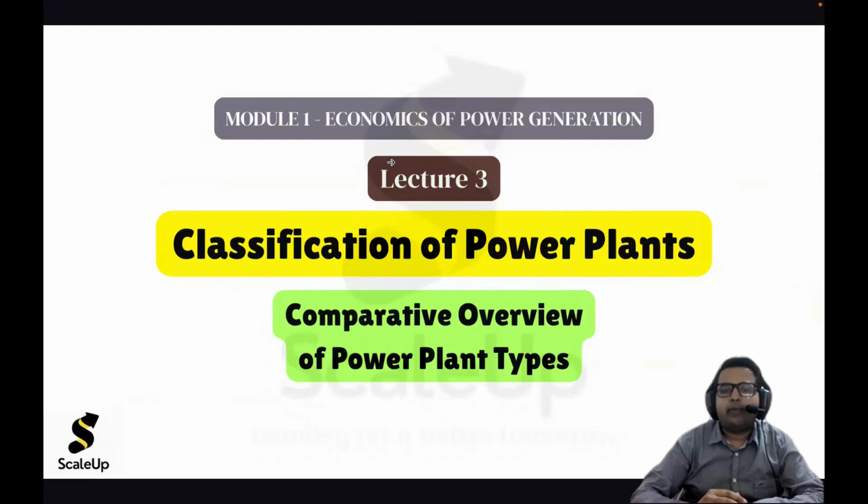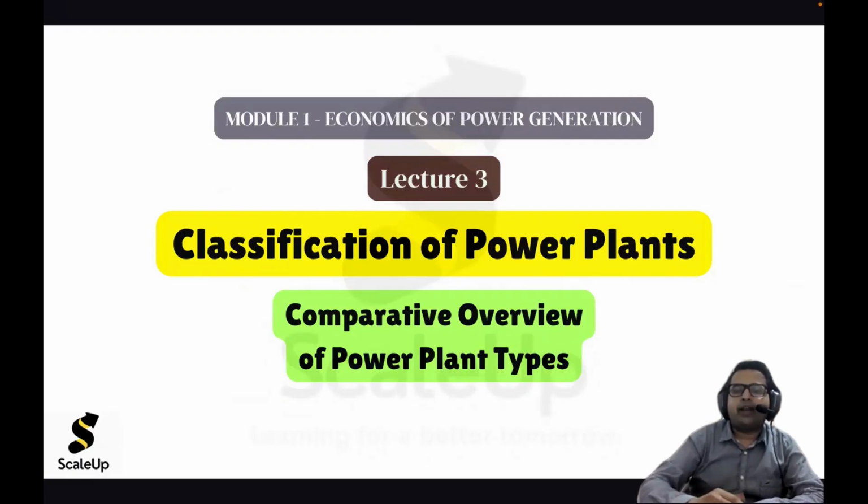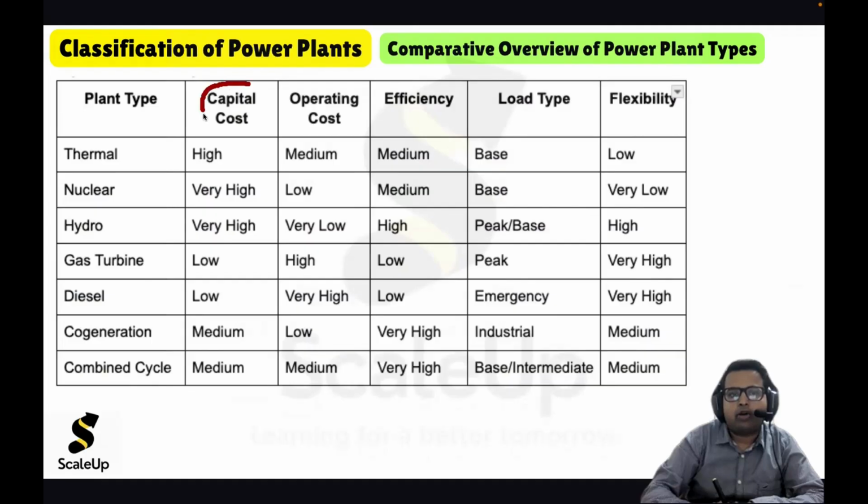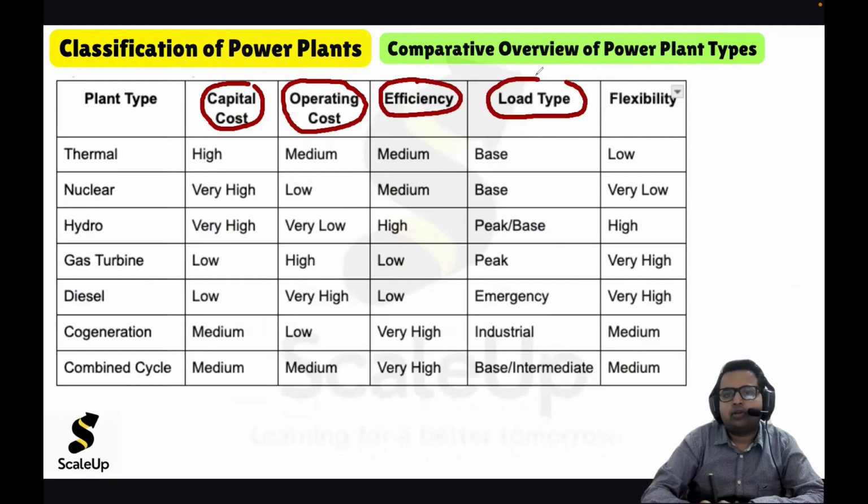Now we'll discuss a comparative overview of power plant types, wherein we will be comparing all different types of power plants in terms of capital cost, operating cost, efficiency, load type, and flexibility.